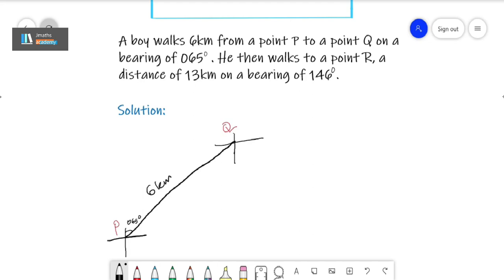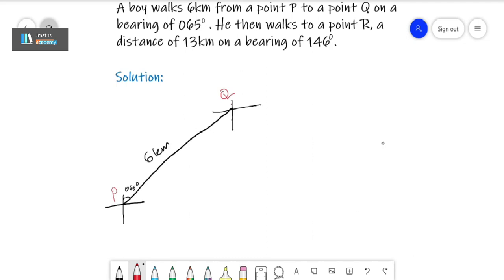Okay. So on our Q coordinate, we move from the north to the east 90 degrees, and then we move an additional 56 degrees to get 146 degrees. So from here to here we have 146 degrees.